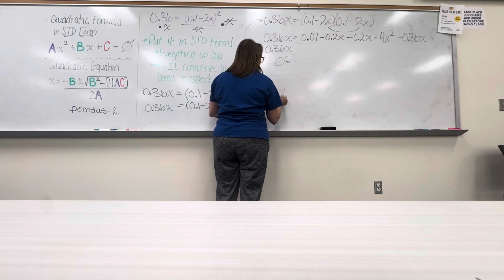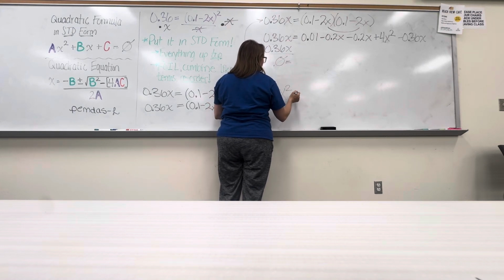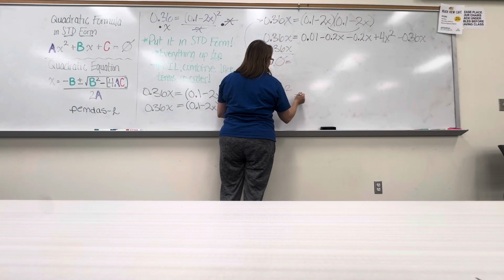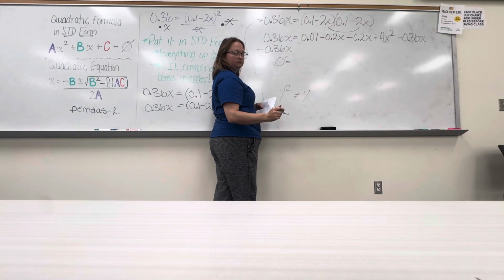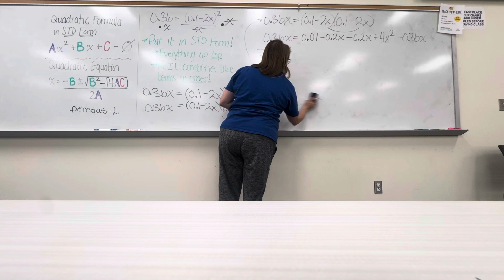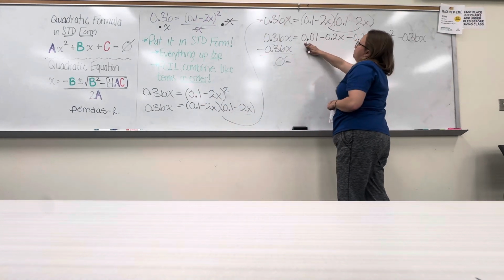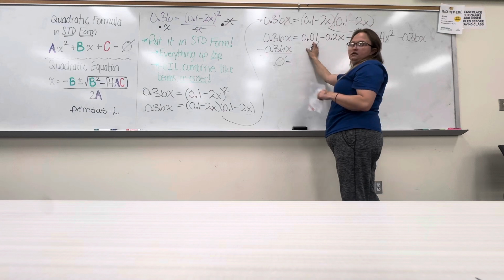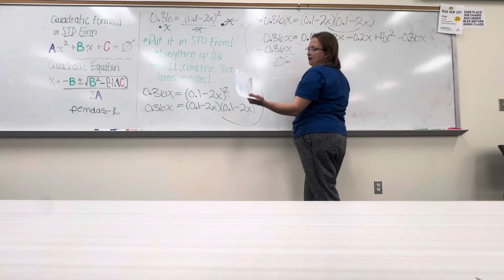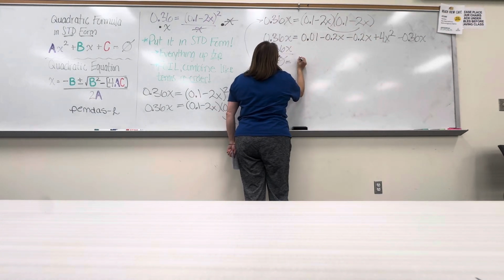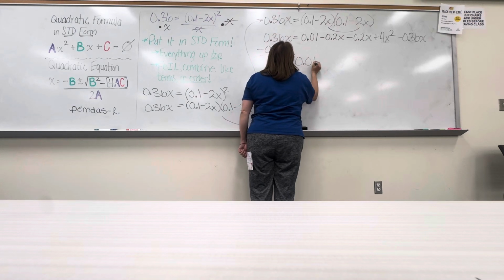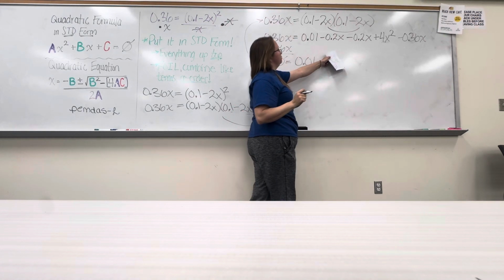An x squared cannot be combined with an x, okay? So let's combine like terms. We know that this 0.01 is just a 0.01. It's just hanging out there. It's just our constant, right? 0.01.